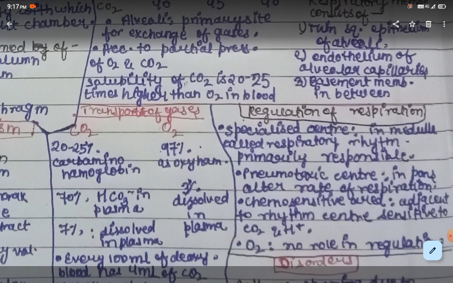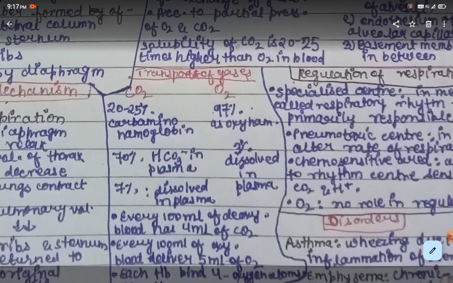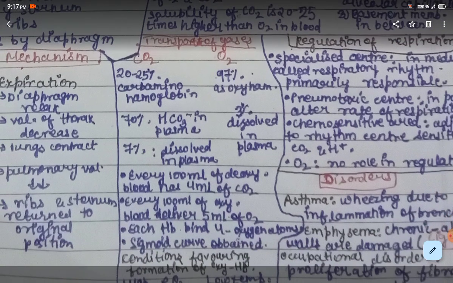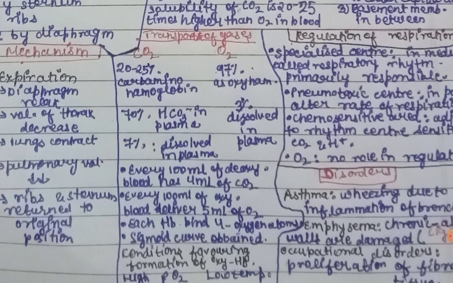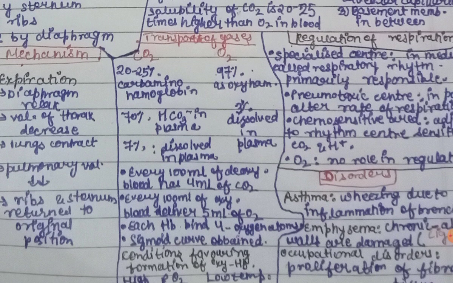Transport of gases, carbon dioxide and oxygen. Carbon dioxide: 20 to 25% as carbaminohemoglobin, 70% as bicarbonate in plasma, and 7% dissolved in plasma. Oxygen: 97% as oxyhemoglobin, 3% dissolved in plasma.